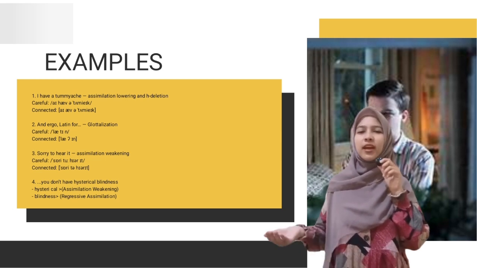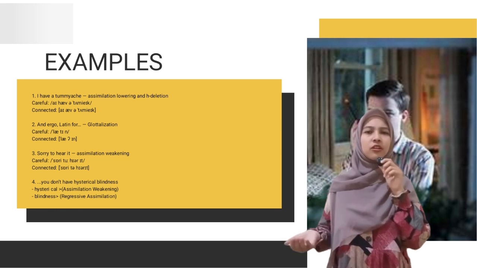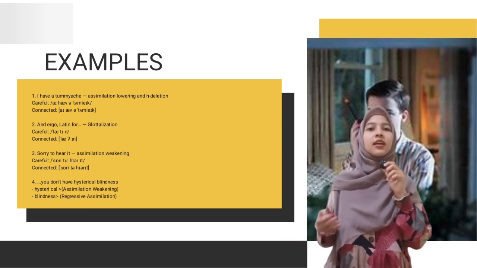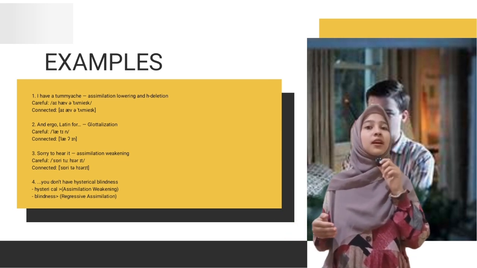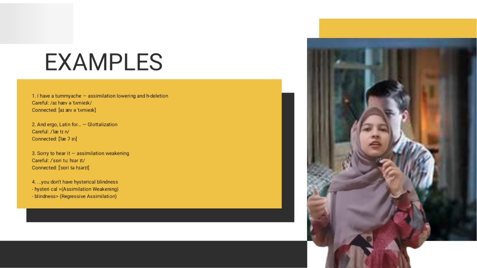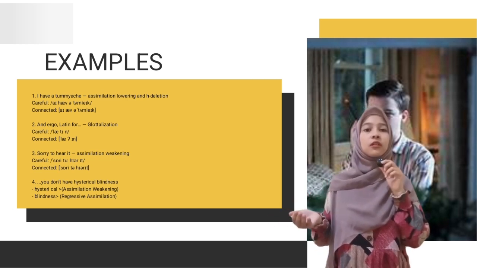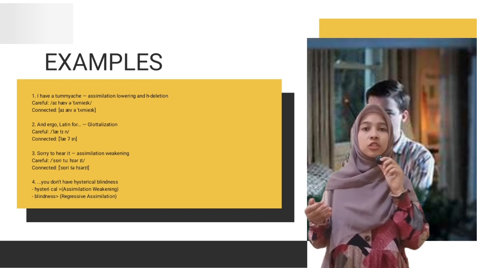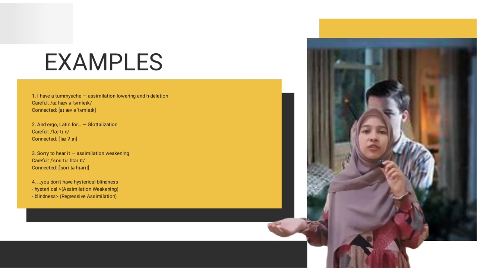And the next phrase is "historical blindness" becoming "hist'rical blindness". In the word "historical", it becomes "hist'ric'l", which is weakening. The reason is because the last syllable, "cal", is a shortened word with a weak schwa sound.